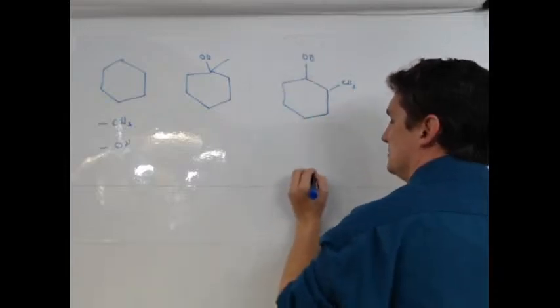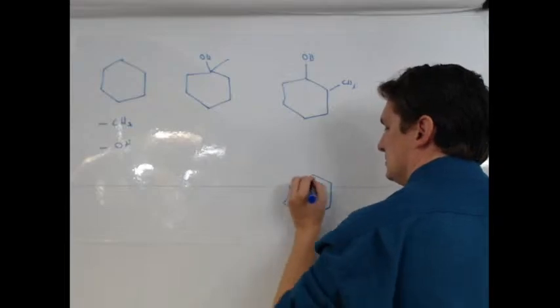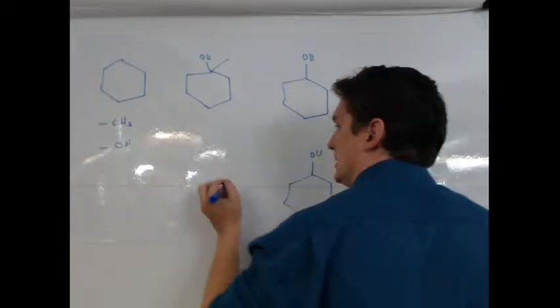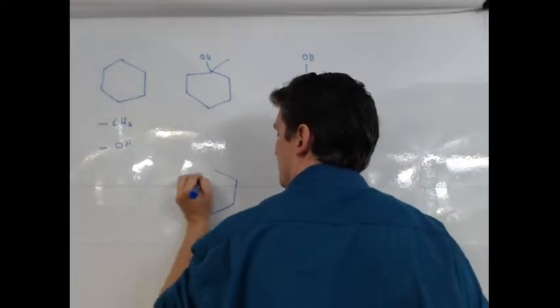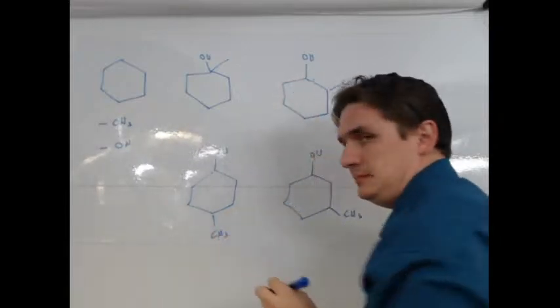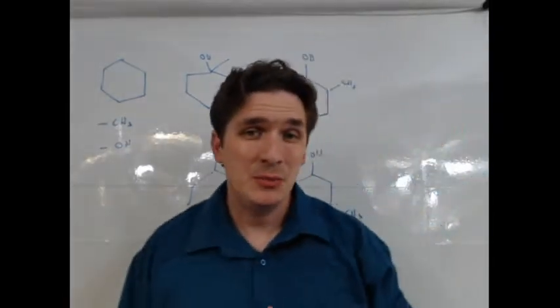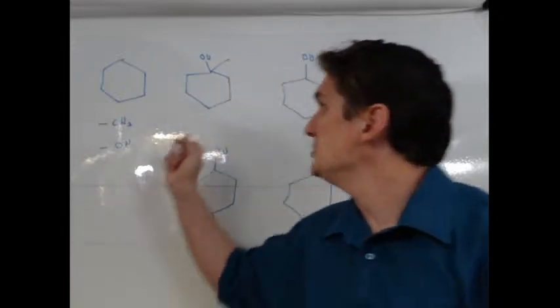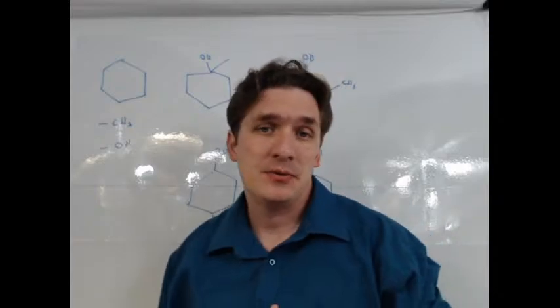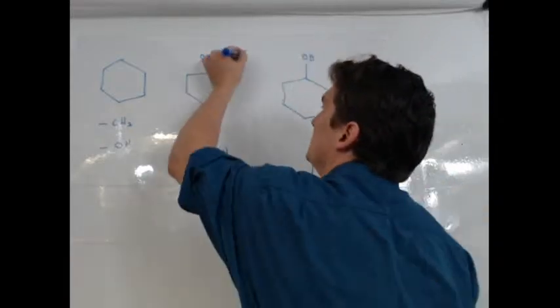We have the 1,2, 1,3, and the 1,4. Now, we're going to do a similar thing like we did before. For the first one, this isn't chiral because we have the ring on both sides. So for the first one, there's only one combination.